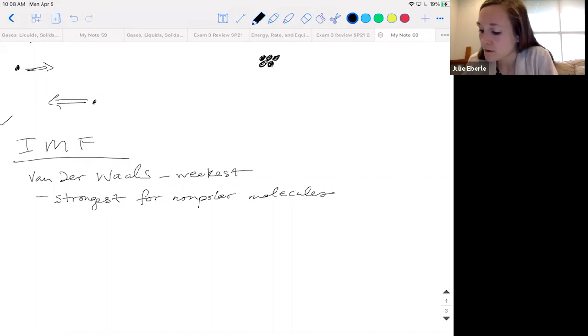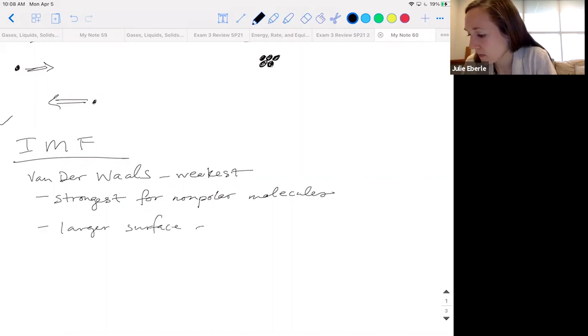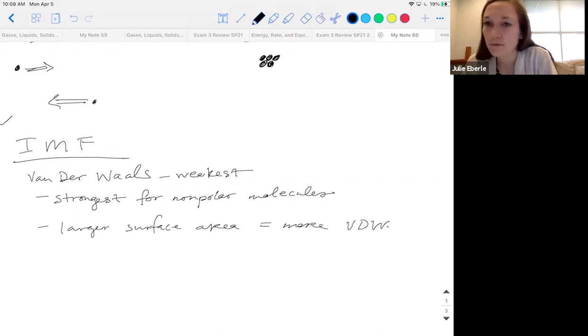So for example, I'll just say the larger surface area equals more van der Waals. Now, why is that important?